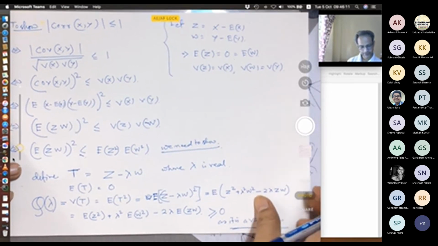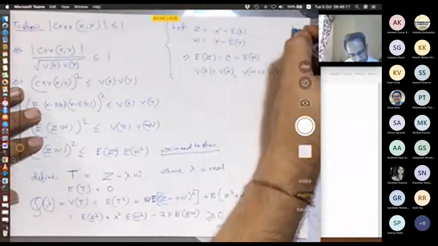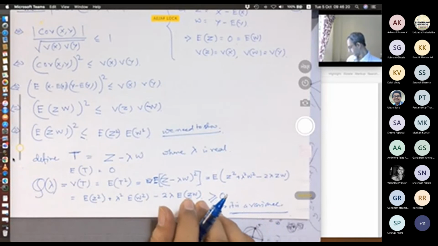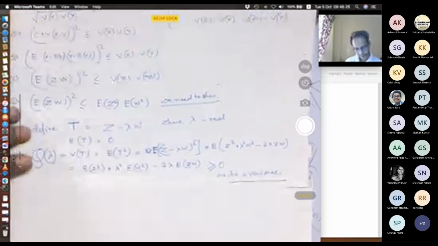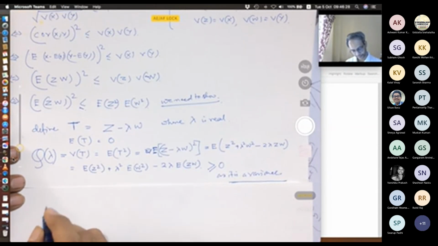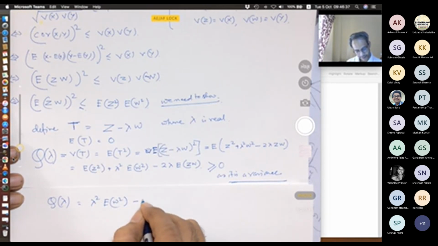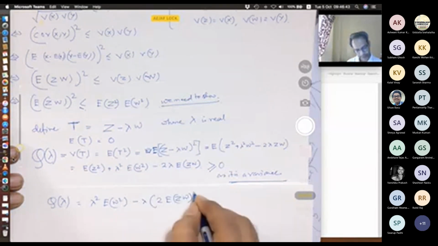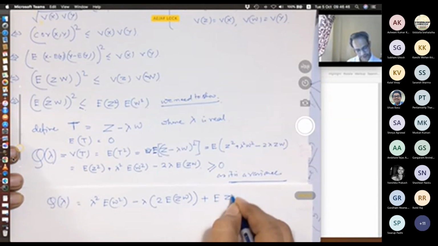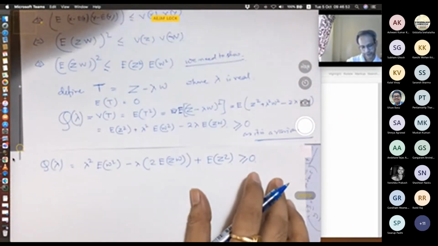Now let us focus on Q of lambda, which is lambda square expectation of W square minus lambda into 2 times expectation of ZW plus expectation of Z square. This is greater than or equal to 0. So this is what you know.